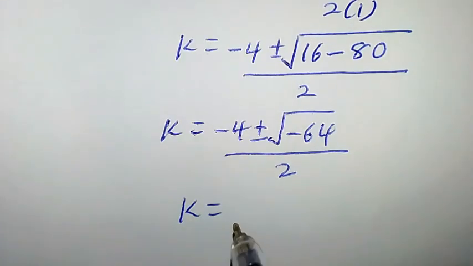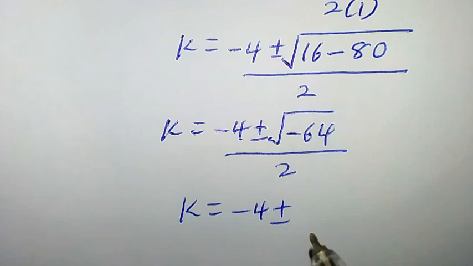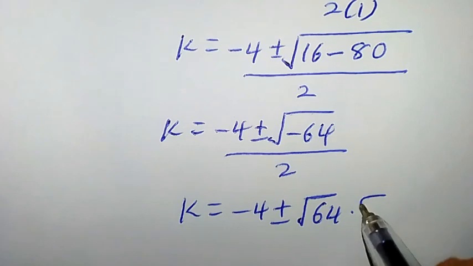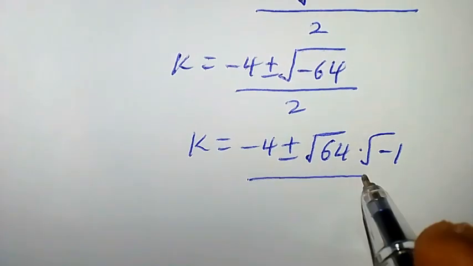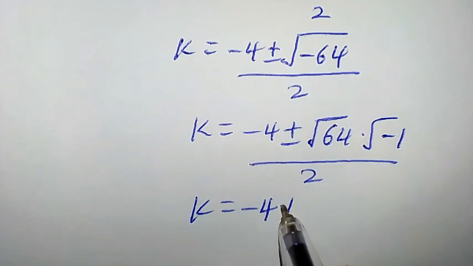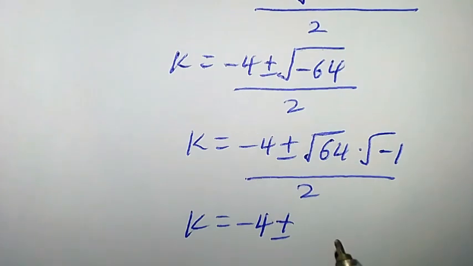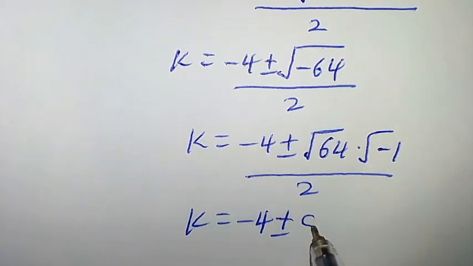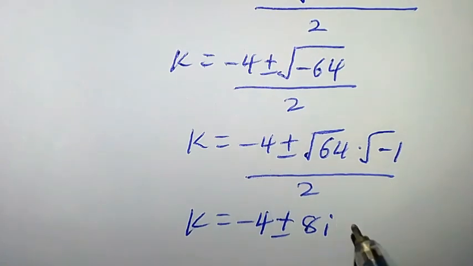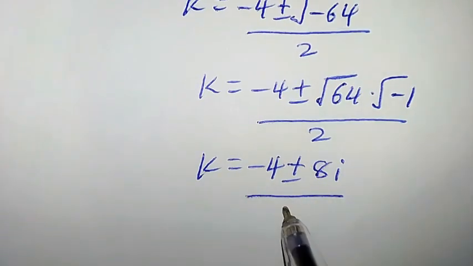So we have k equal to minus 4 plus or minus. We can rewrite square root of negative 64 as square root of 64 times square root of negative 1, over 2. So k is equals to negative 4 plus or minus square root of 64. What is it? Square root of 64 is 8. And square root of negative 1, from the complex number, is i, over 2.